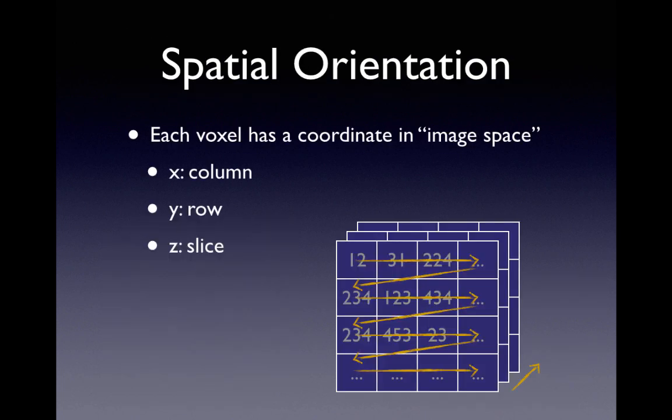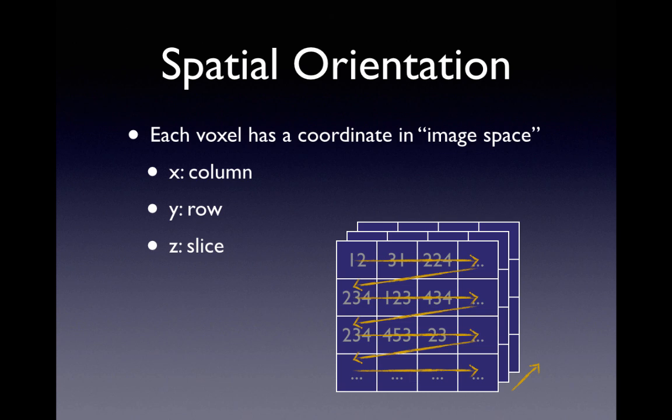More important for us as users is information about spatial orientation. So this three-dimensional array and different directions in it, the column direction, the row direction, and the slice direction, map somehow to directions in the physical space of the scanner. So for example, if the image is acquired axially, then these planes correspond to planes going like this.